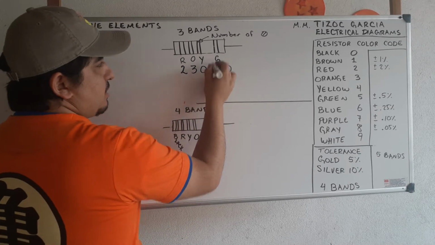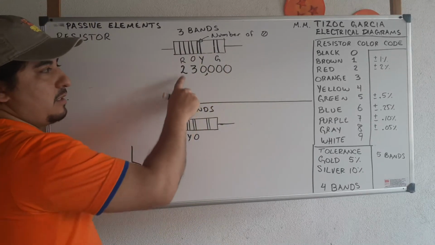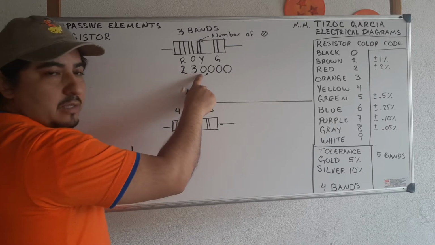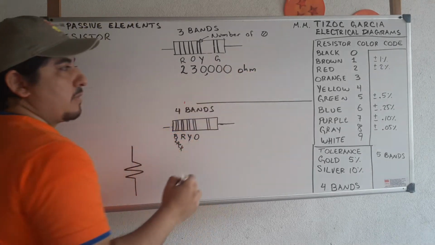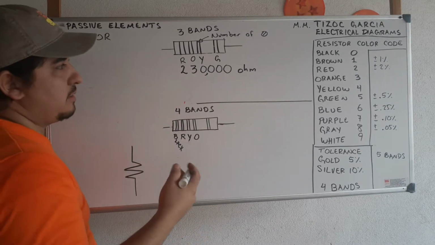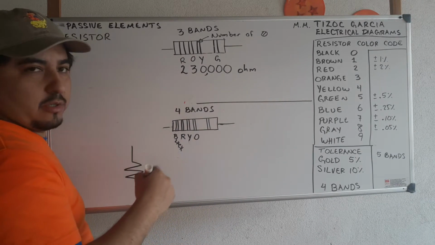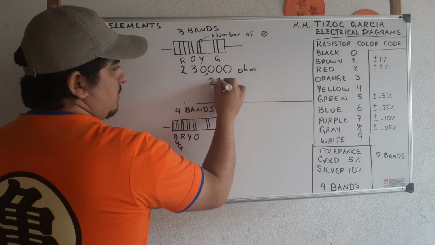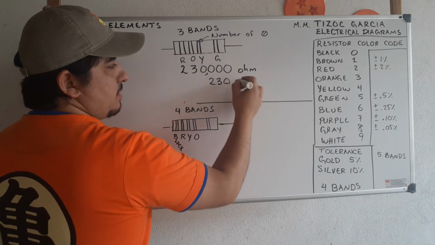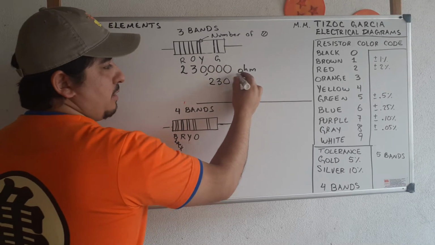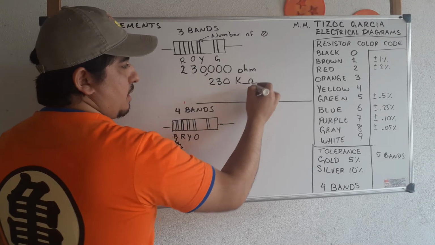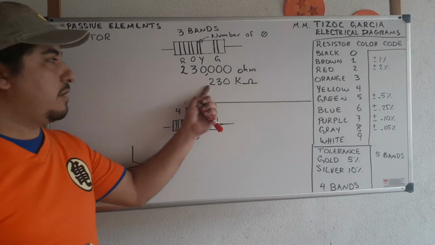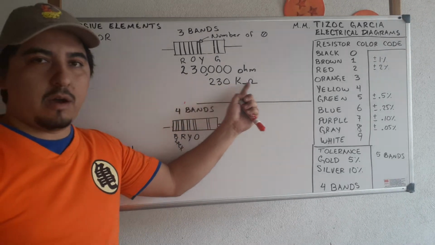The value for this resistor with these characteristics is 230,000 ohms. And then we can shorten it. In this case, we can erase three zeros and use the letter K: 230 kilo ohms.